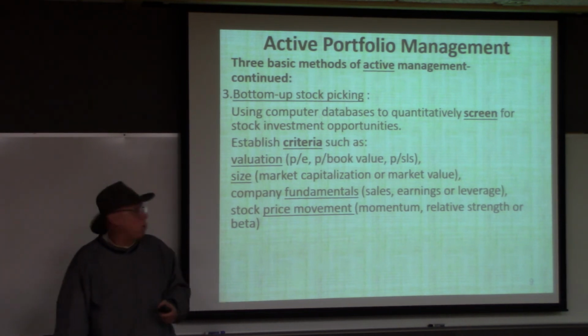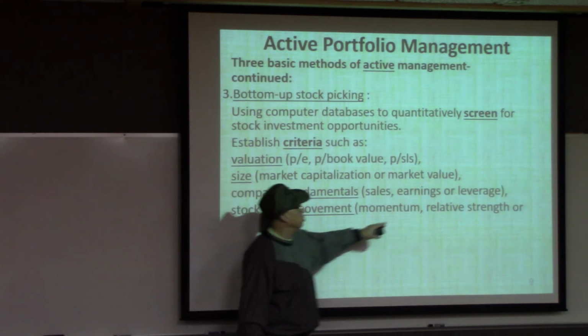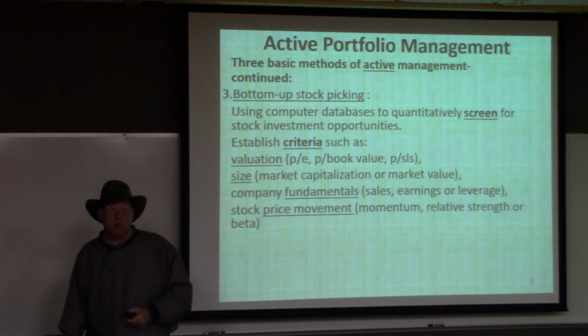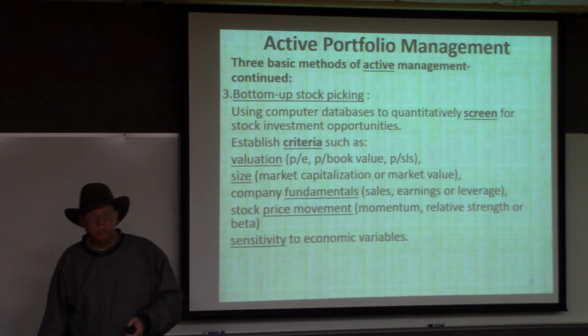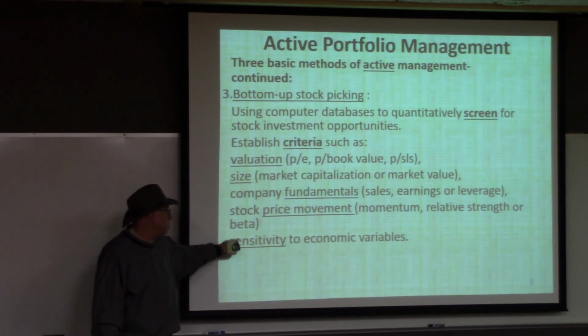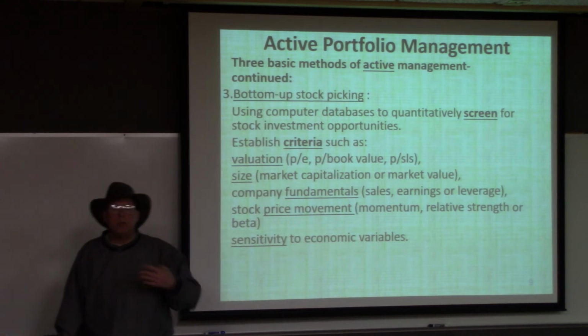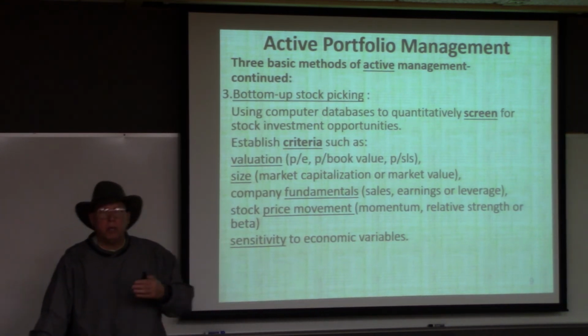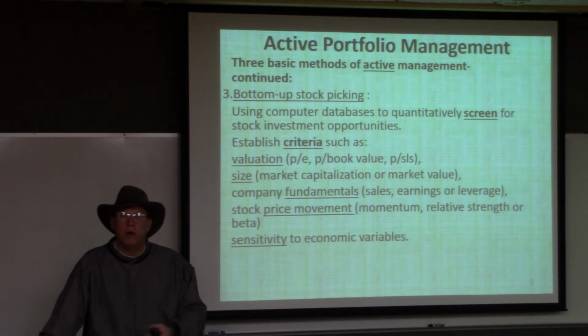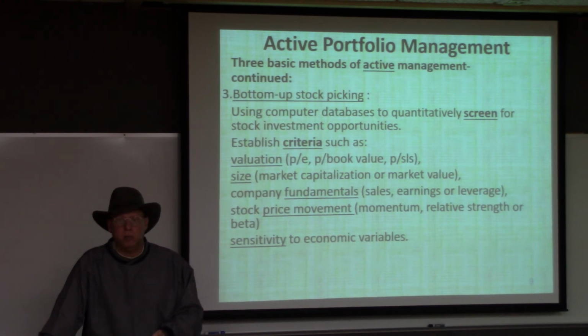Or your relative strength, meaning that you're looking for stocks that outperform in a down market. And then lastly, sensitivity to economic variables, which is similar to beta in that maybe you think the economy is getting ready to pick up, and if so, you're looking for the stocks of companies that are very economically sensitive. So this is how managers do bottom-up stock picking.